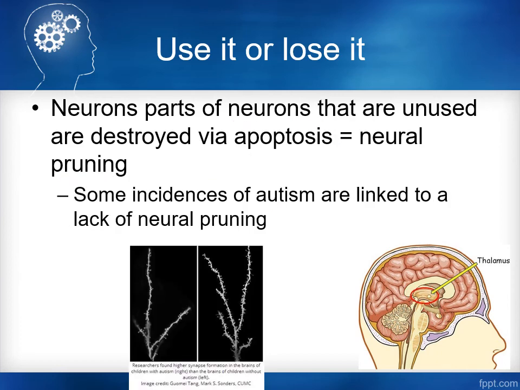We think that sometimes autism might be caused by or linked to a lack of neural pruning. So if we aren't taking away the cells that are not needed, that overabundance of nerve cells might be one of the many causes of autism.